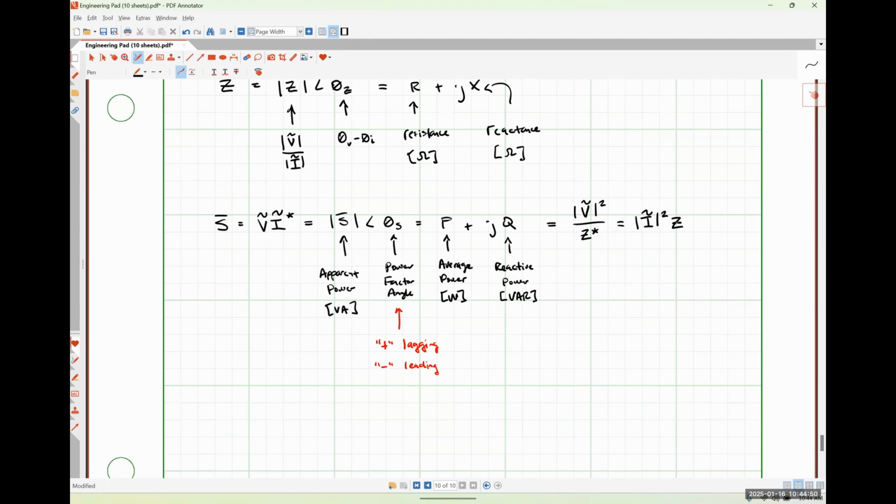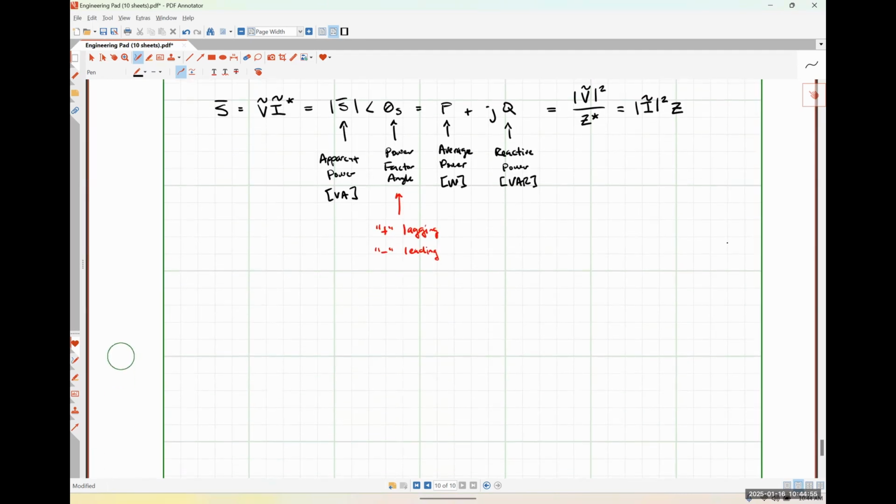So to answer Caleb's question from a moment ago, okay, the reason why I wound up putting a negative angle, even though I said that we would have a positive angle, and I'll explain where that differentiation came from. If we took that relationship, S is equal to the magnitude of the voltage squared divided by the conjugate of the impedance, and we rearranged it so that we wanted to find the impedance itself, right?